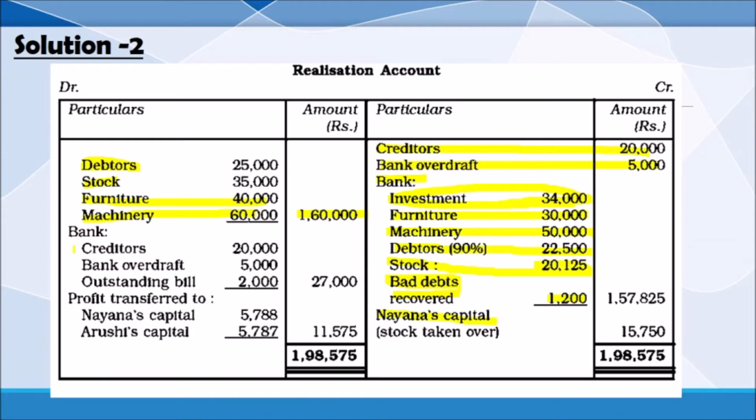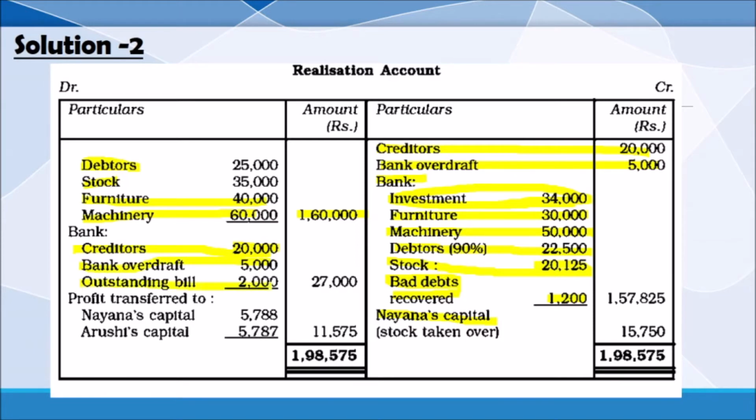And in the debit side, creditors realized value 20,000. Nothing mentioned regarding the creditors realization. Remember, if nothing is mentioned regarding the realization of liability, that indicates we have to settle the full account. We have to settle the account of that liability by paying the full amount. Remember that. So bank debtors also another outstanding bill that is given in the adjustment.